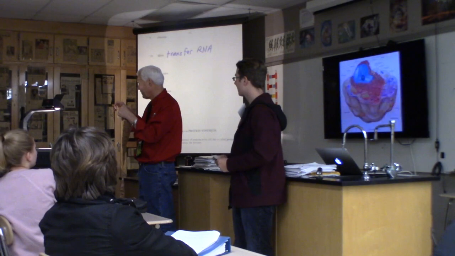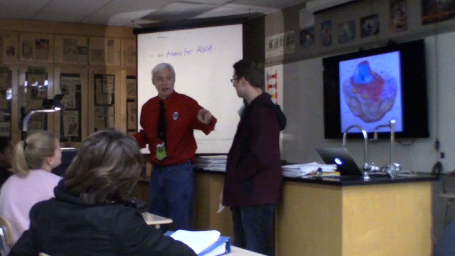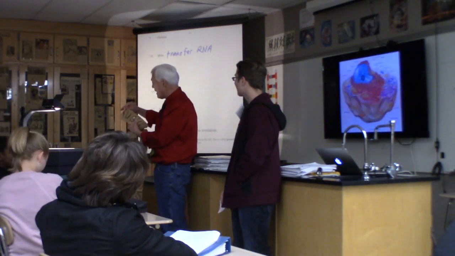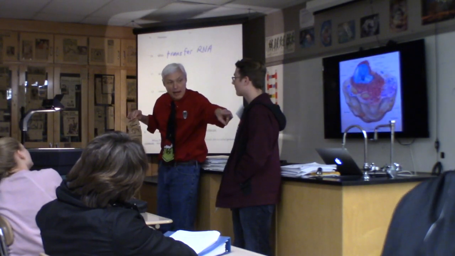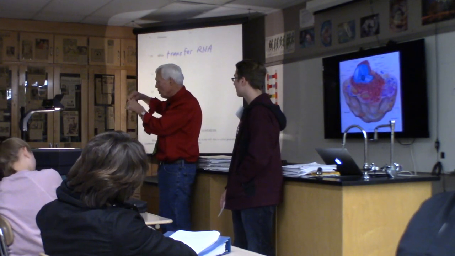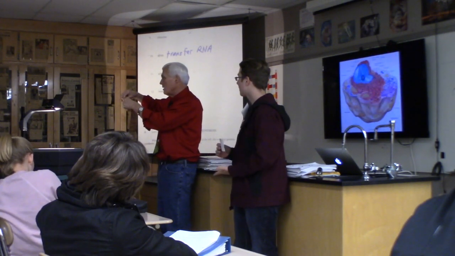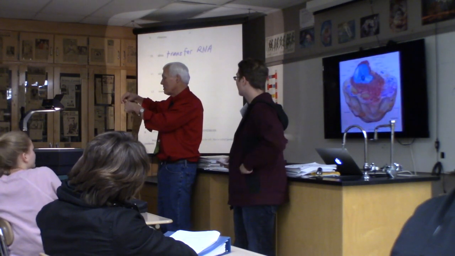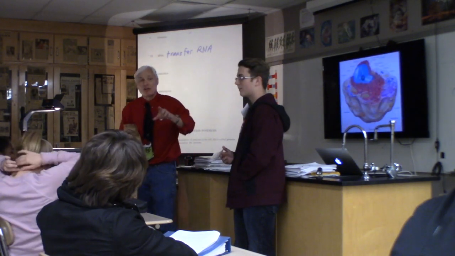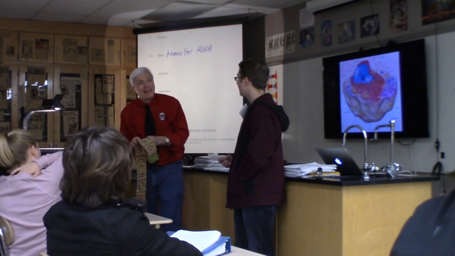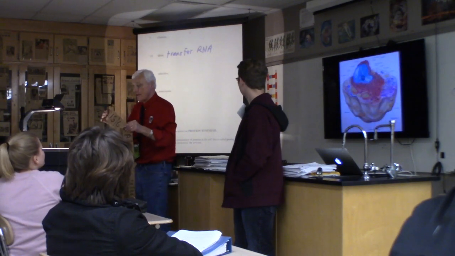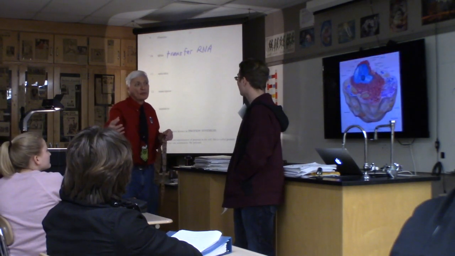See that? This U is going to be attracted to this A. That A is going to be attracted to this U. That C is going to be attracted to that G. You got it? Make sense? And it's that attraction between your name tag and this codon that will pull you up here to the ribosome.